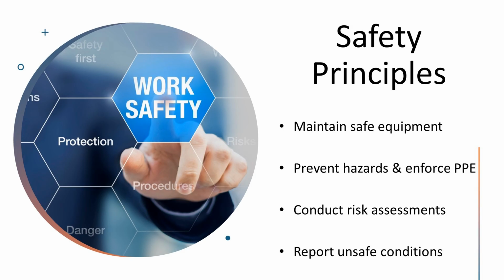Safety principles exist because production environments contain machinery, movement, chemicals, electrical components, and other elements that can cause serious injury. By applying safety principles consistently, supervisors prevent accidents and create predictable, stable operations.